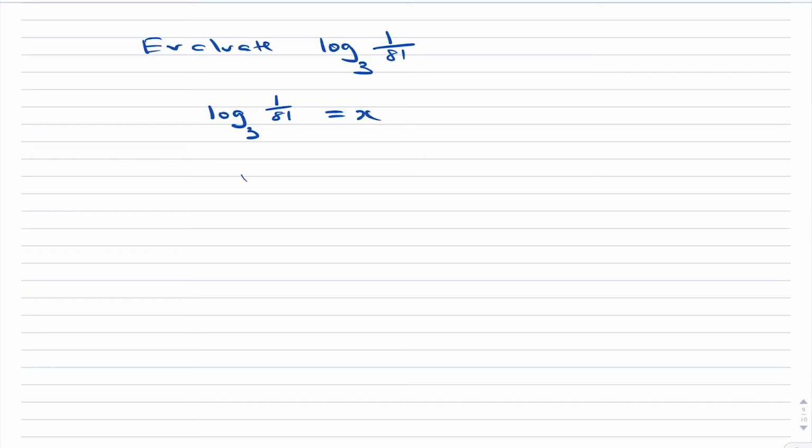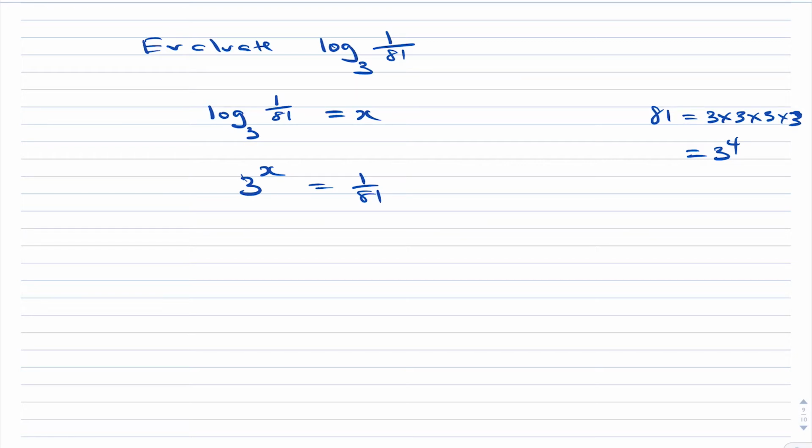We now raise: 3 to the power of x equals 1 over 81. But 81 is 3 times 3 times 3 times 3, which gives 3 to the power of 4.